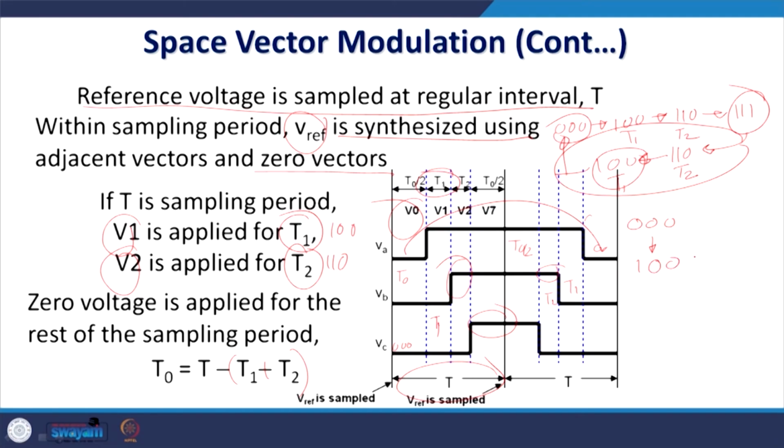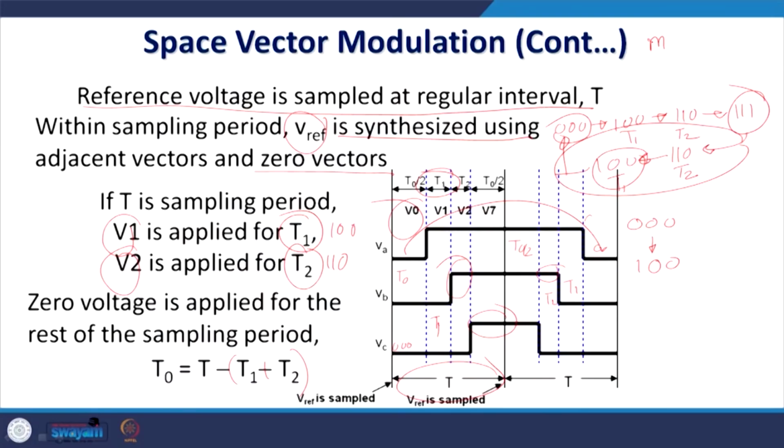But this kind of control in case of PWM is difficult because it will be turning on depending on whether the modulating wave is more than the carrier wave. If the carrier wave is less than the modulating wave, that is fine. Otherwise, it is going to turn on and it will not consider whether it is a 1 bit change or a 2 bit change, but here you can ensure that there is only 1 bit change to generate any reference.